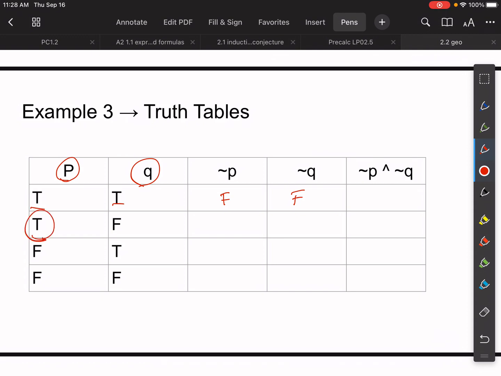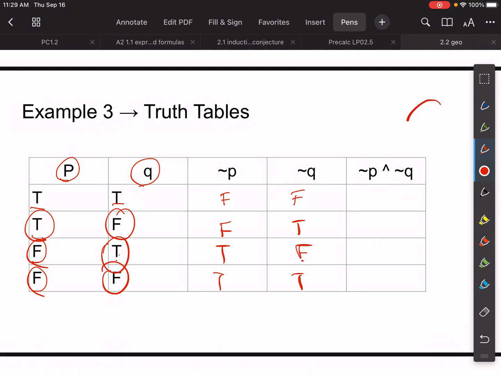So if we have a true under P, then this is false, and if this is false, then this is true, and vice versa. So let's get all these in. If Q is true, then not Q is false, and if Q is false, not Q is true. Which is a little confusing because we don't know what the statements are, but we're assuming that if it really is a true statement, then the opposite of it would not be true.